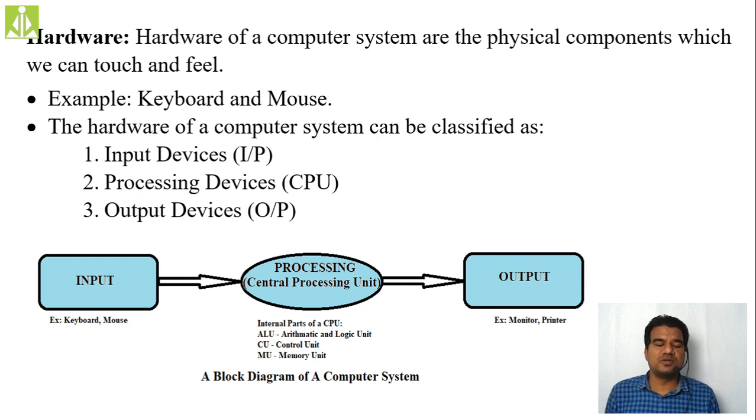The CU is the governing body of our computer, we said. It is going to monitor and control all the devices inside your computer by sending and receiving the control signals. The memory unit is the storage area where we are going to store the programs as well as data. We still need to discuss this memory unit.